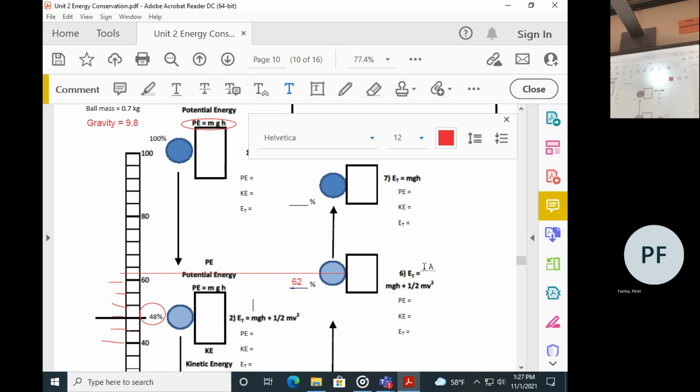Let's think about it. This is being just measured from the ground, isn't it? Potential because it's more than halfway up. Huh? So you should have your bigger number should be potential now for this one. And how do you find your kinetic?